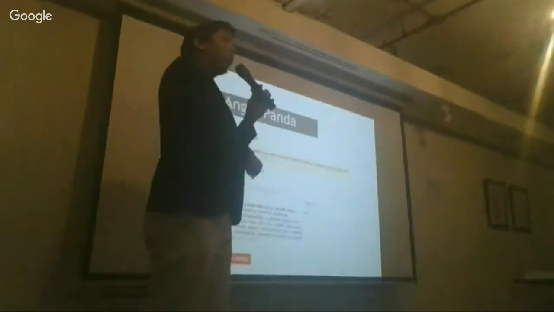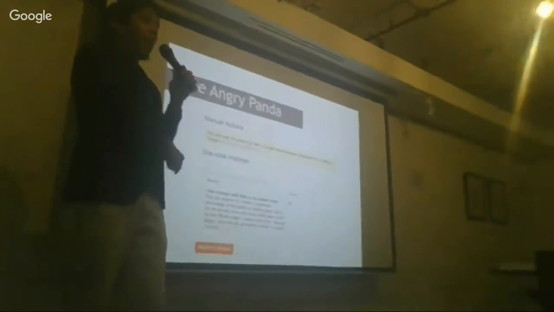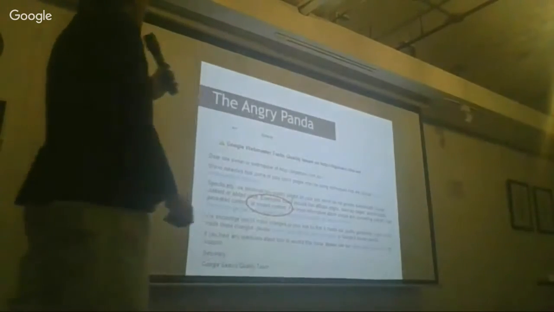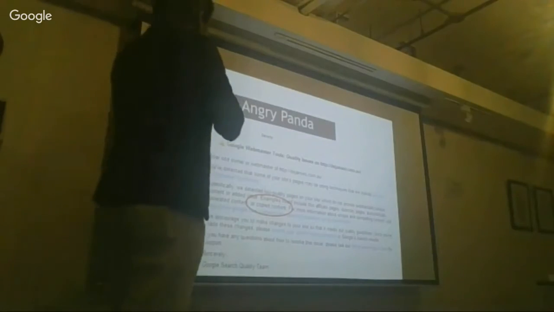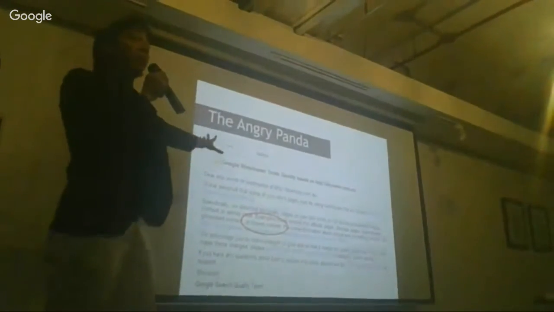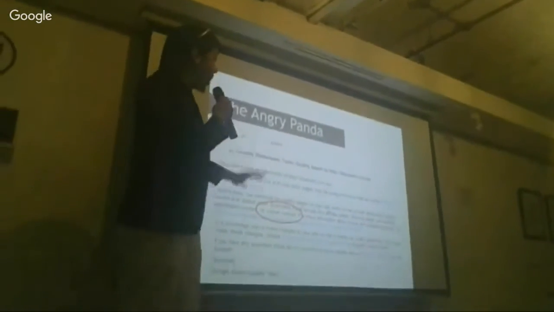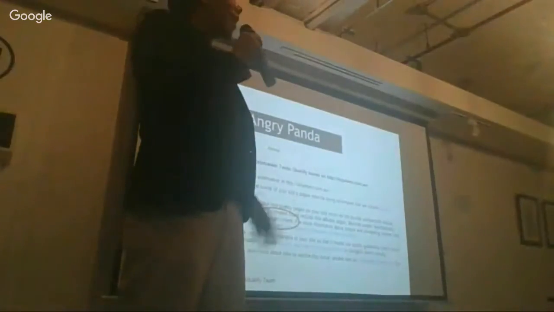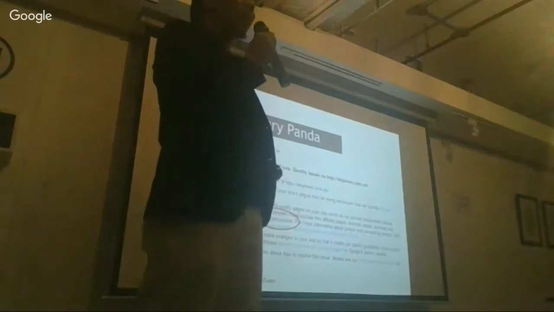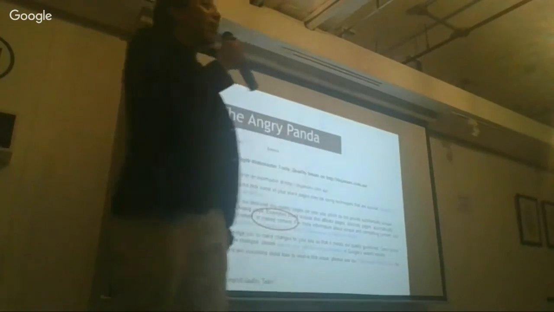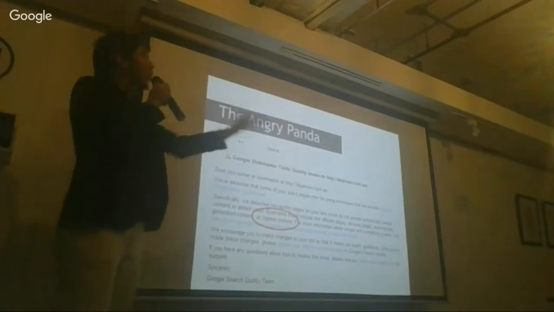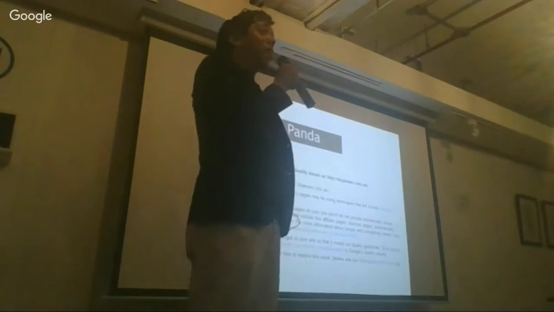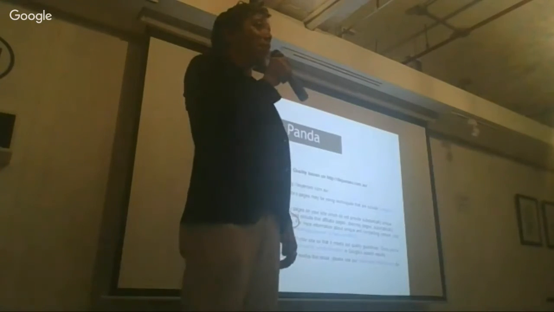So the problem with these warnings, by the way, is that once you get them, it's sort of hard to read it yourself. Now, one of the things that I want to stress, while this is a panda warning, and yes, it's digital SEO. Why do I have a copy of this? Because Dan Petrovich is really nice. He actually was the one that posted this warning online. But marketing companies are very bad at marketing themselves, right?